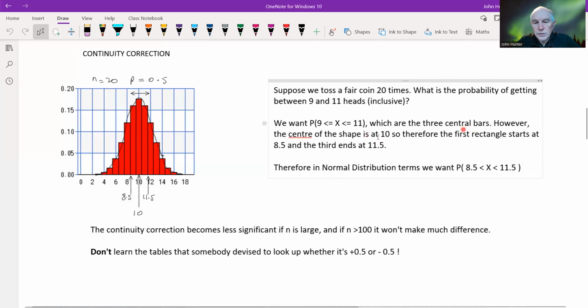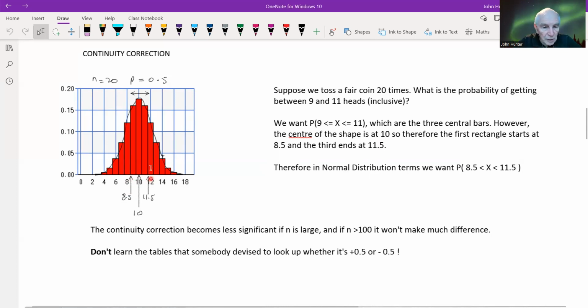Now, when we think about the center of this shape, we're mapping the normal distribution, and the middle of the normal distribution actually is the middle of 10. So this first rectangle that we're interested in has this arrow coming up, and this is 9, but it starts at 8.5.